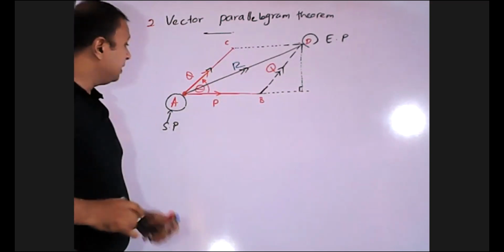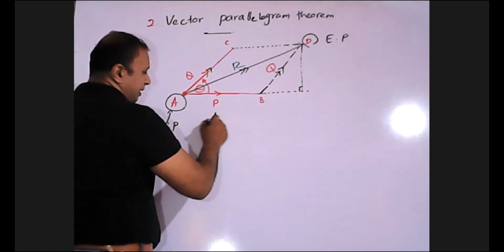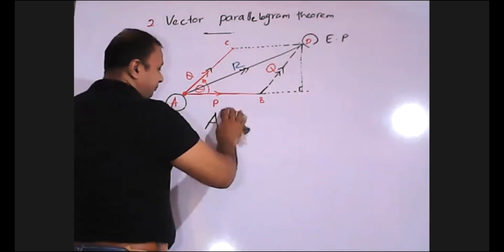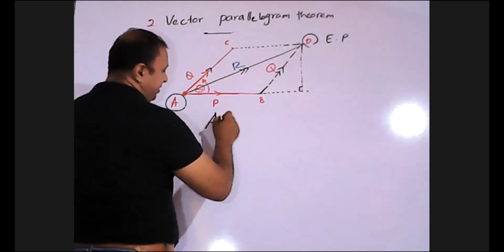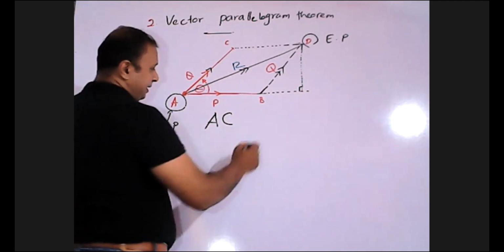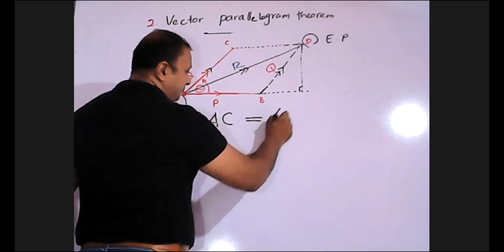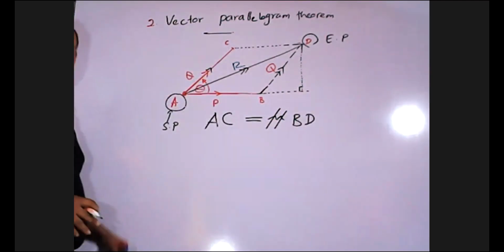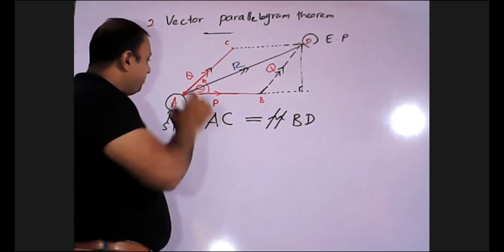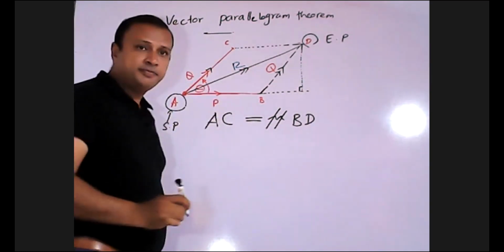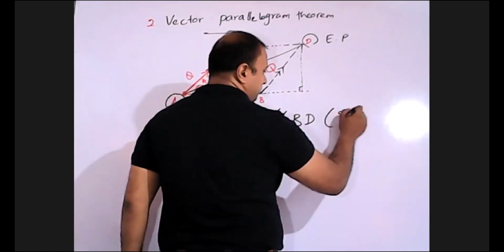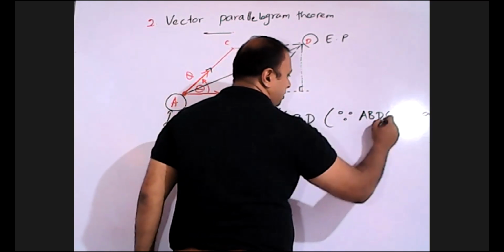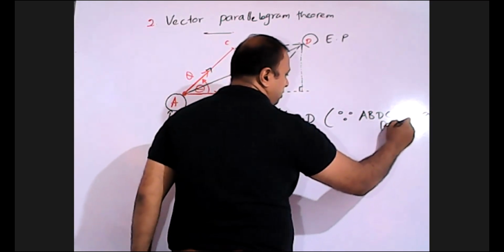Using that parallelogram, I can say AC side is equal and parallel to BD side, because ABDC is a parallelogram.